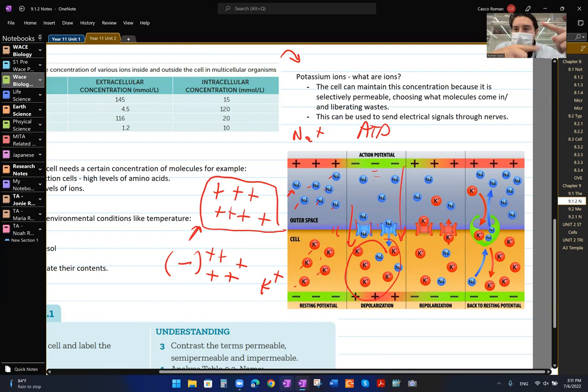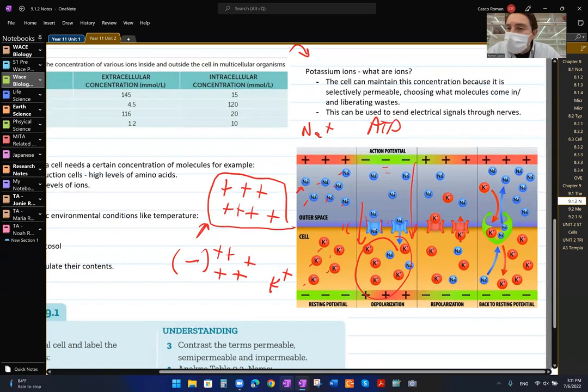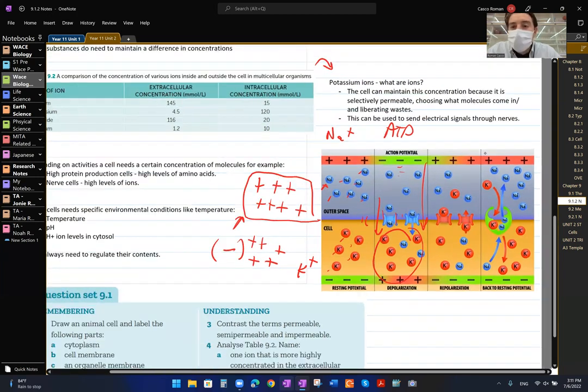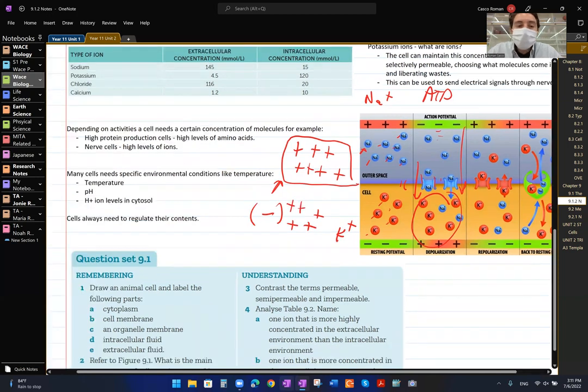So it's like a little lever system where you're changing negative, positive, negative, positive. That change ultimately sends a signal throughout the nerve, right? That's a little too much detail for you to know, but understand the reason why we need to create concentration changes, for example, to make a nerve signal.